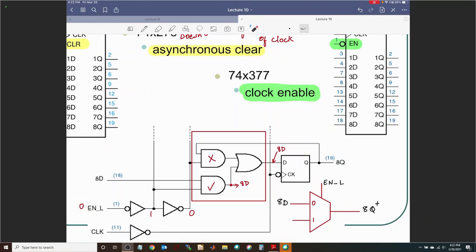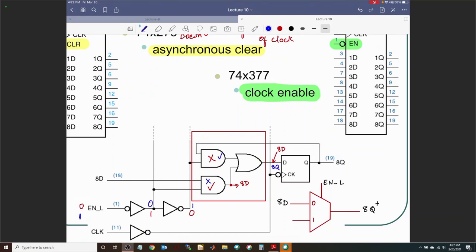But when enable is 1, what happens? Let's do it in blue. This one is 0, this one is 1. That means this one is out, this one is in. And at this time, your previous output is being fed back, right? So 8Q is coming back.